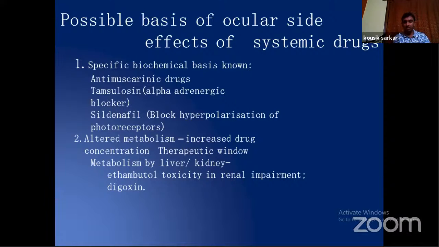As we discussed earlier, altered metabolism in hepatic or renal pathways causes increased drug concentration inside the eye as well as inside the body, and they can cause ocular toxicity also. For example, if liver or kidney failure occurs and the patient is taking ethambutol or digoxin, toxicity can occur in patients with renal impairment.